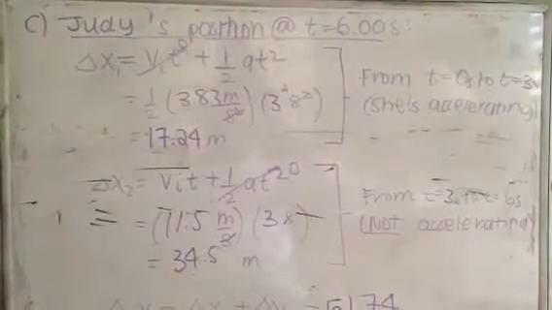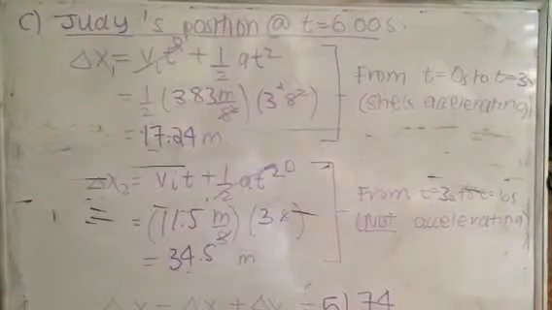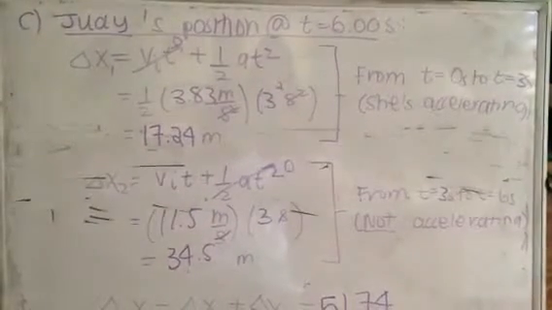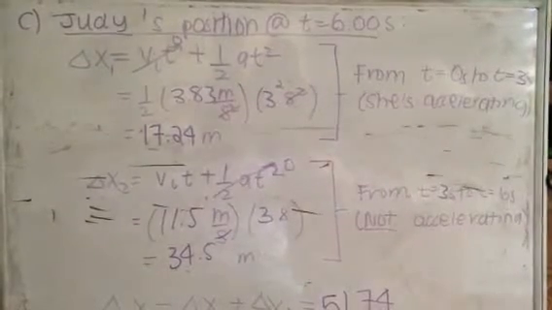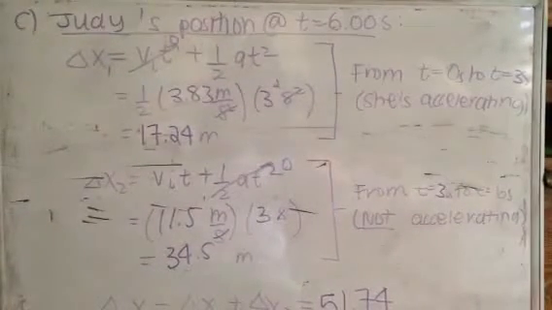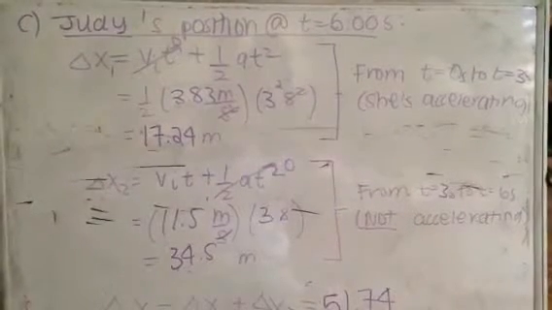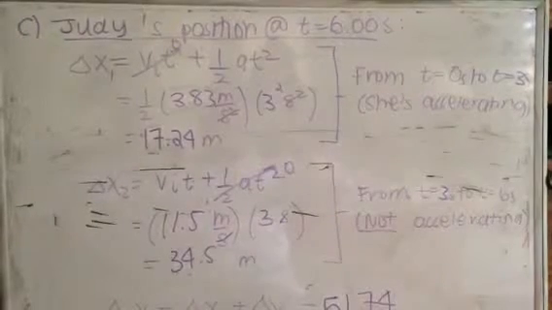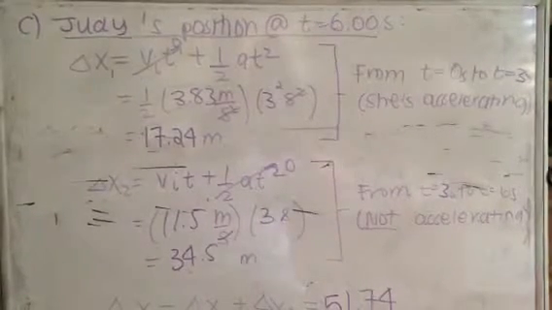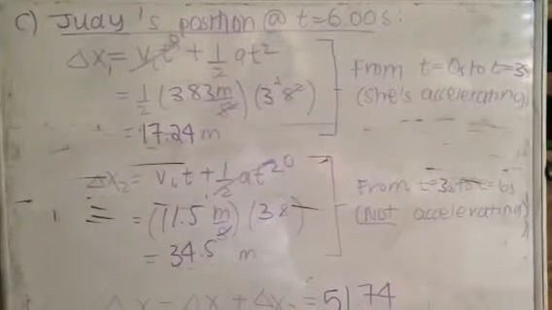Okay, so in delta x sub 1, you get rid of the first part of the equation because her initial velocity is 0, since she's starting from rest. And so then you plug in what we got for parts B and A of this problem, and then you get that. And for delta x sub 2, you get rid of the second part of the equation because she is not accelerating, her acceleration is 0.